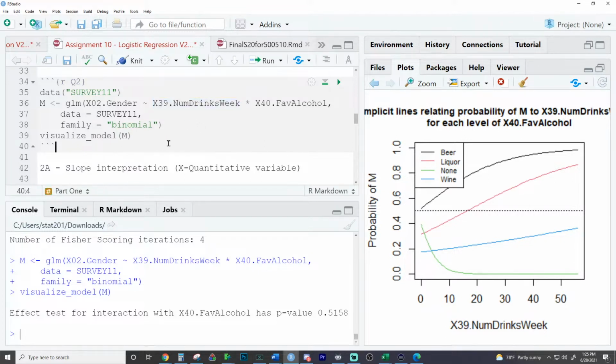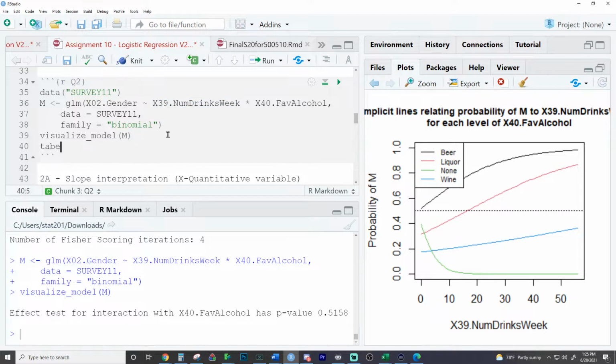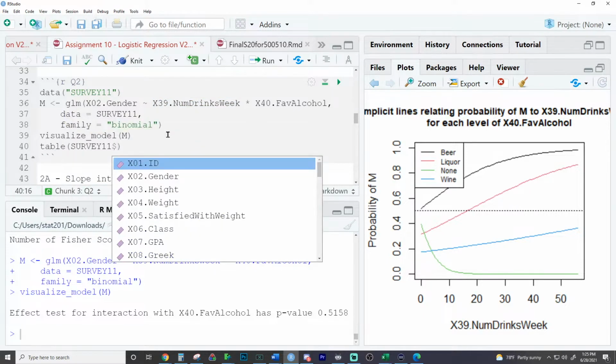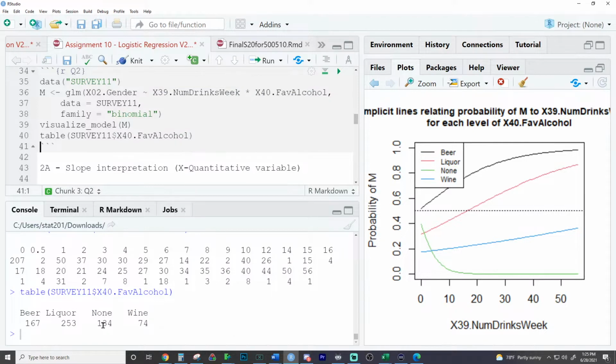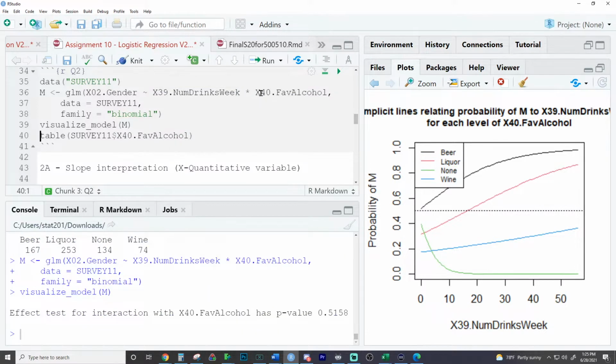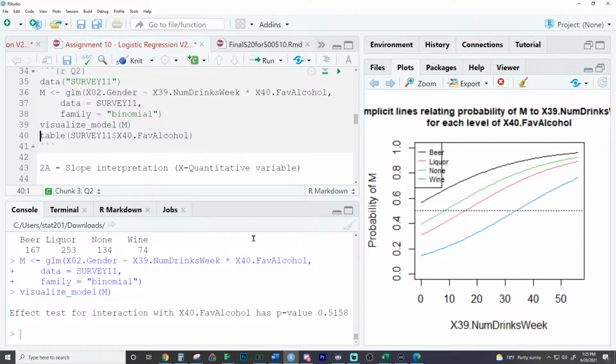I'm guessing that the none group has a very small sample size, hence why we're not getting it. Oh wait, no, it's number of drinks. Took the wrong variable. No, it's 134. Well, I'm shocked it's not significant. There must be a lot of uncertainty in these estimates. I wouldn't create that model quite yet.